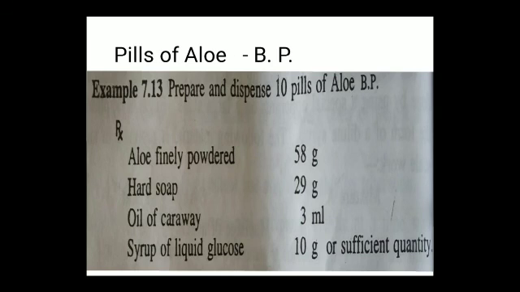The procedure: weigh the calibrated quantities of yellow and hard soap, mix them in a pill mortar, add the liquid ingredient oil of caraway, prepare pill mass with syrup of liquid glucose, weigh the required quantity of pill mass and roll it on the pill tile to make the pill pipe. Cut the pill pipe into 10 pills, round them with a pill rounder, and dispense them in a pill box.